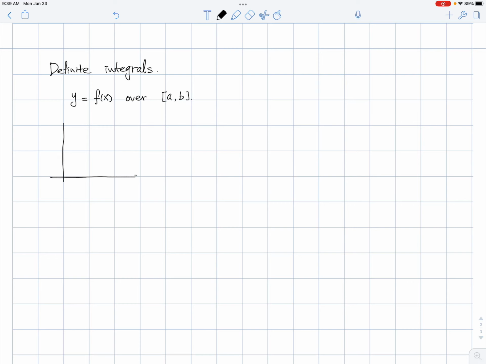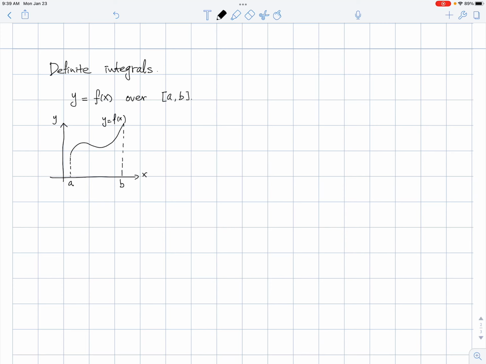Okay, so suppose it looks like this: y equal to f of x, with x and y axes, and this is a, this is b.